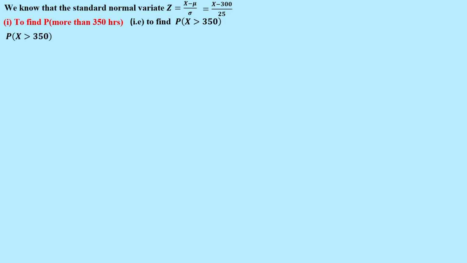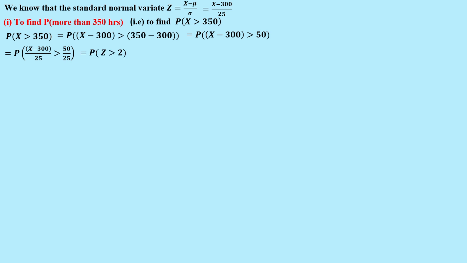So x minus 300 greater than 350 minus 300, so probability of x minus 300 greater than 50, then divided by sigma, that is 25. So probability of (x minus 300) by 25 greater than 50 by 25. We know (x minus 300) by 25 is Z, right? So probability of Z greater than 2.